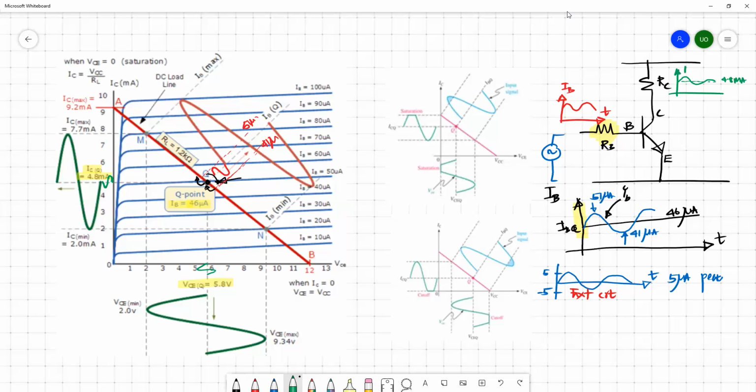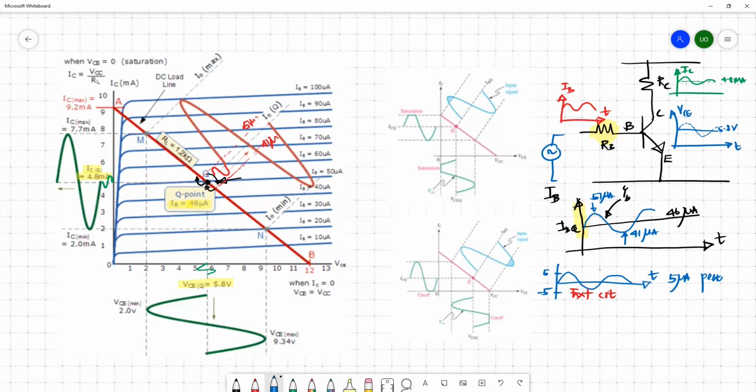On top of that, you have a sinusoidally behaving signal. Similarly, if you draw the junction voltage VCE, it is the same. We have 5.8 volt, and on top of that you have this voltage variation due to the external input we provide.